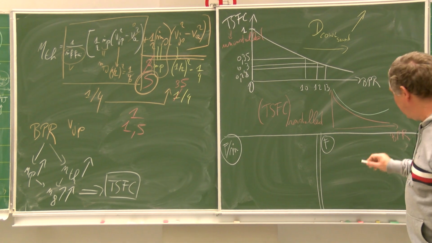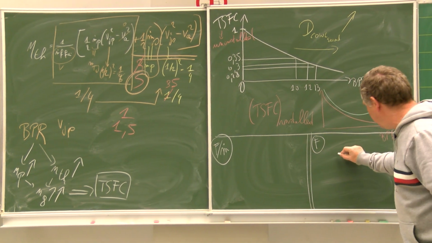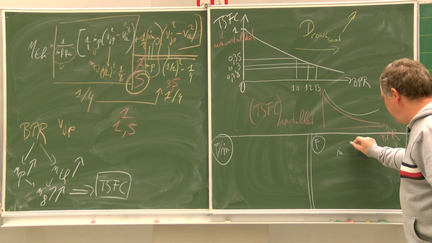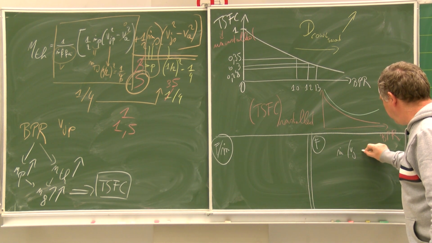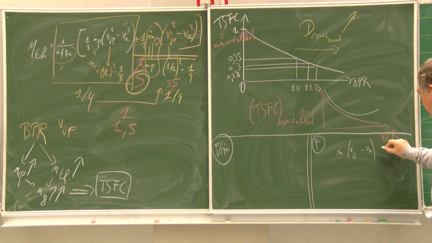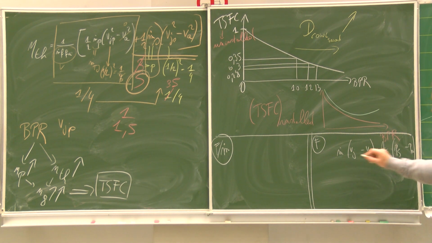The thrust, it was m dot (V jet minus VA) plus A5 (P5 minus PA). It has always been the equation of the thrust.